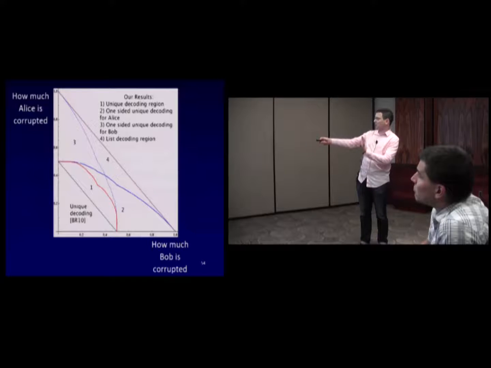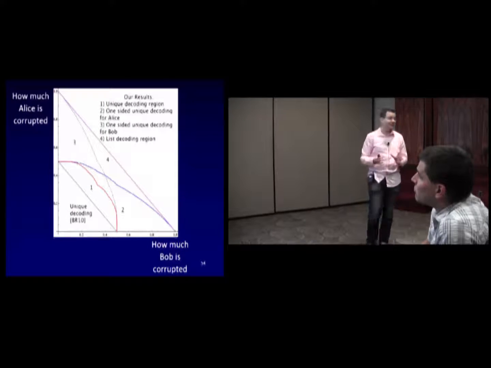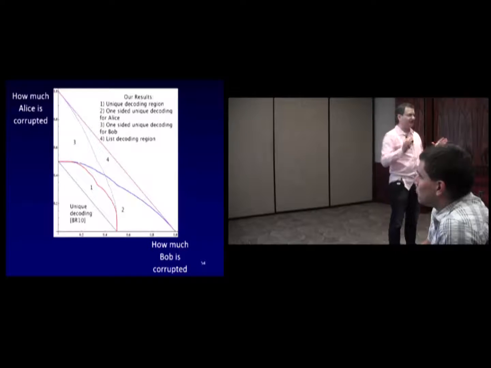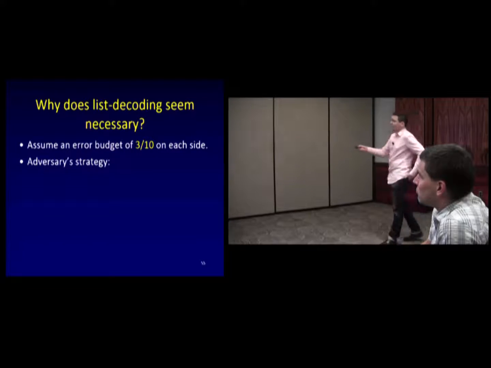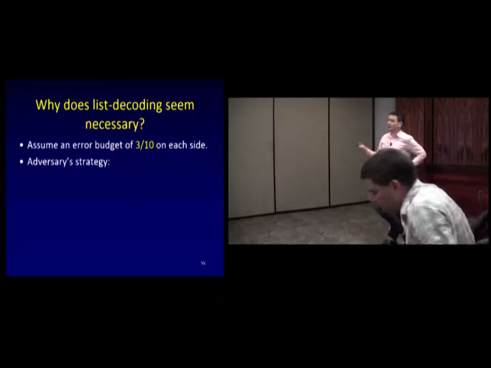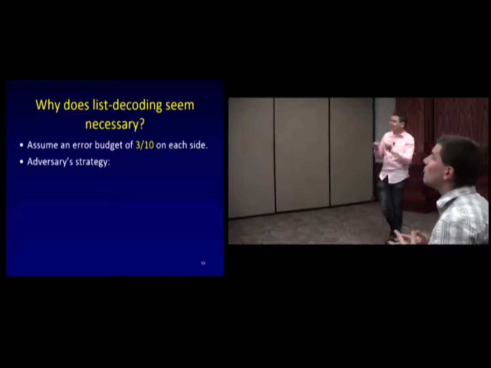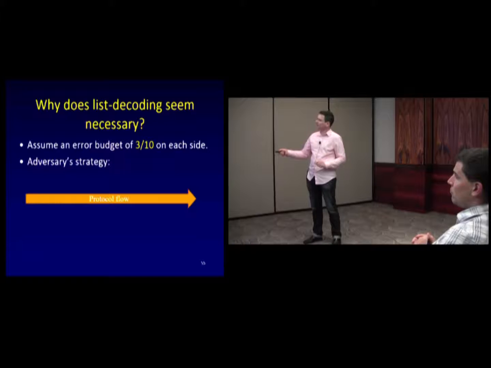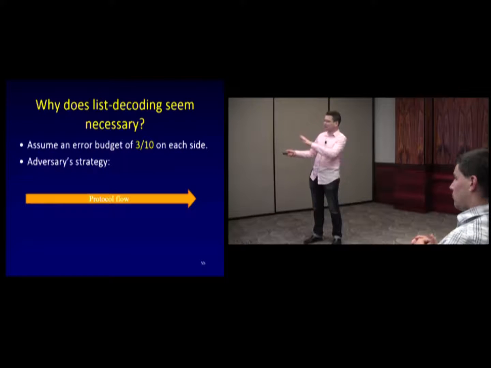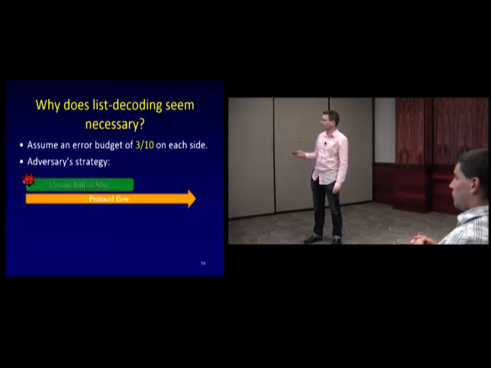Okay, so I want you to appreciate that getting decoding below this red line is a purely decoding problem. There is nothing list about it. So if you assume a budget of, say, 0.3 on each side, nonetheless it seems that you need some notion of list decoding, and maybe it's a better motivating example than the previous one.